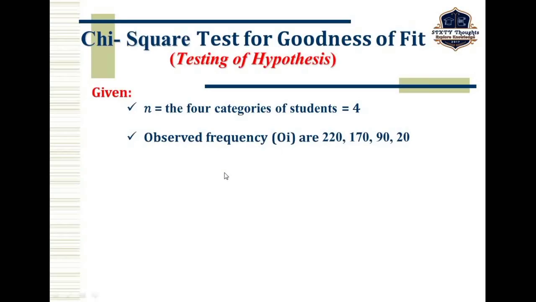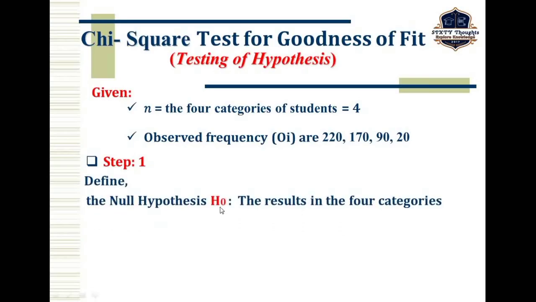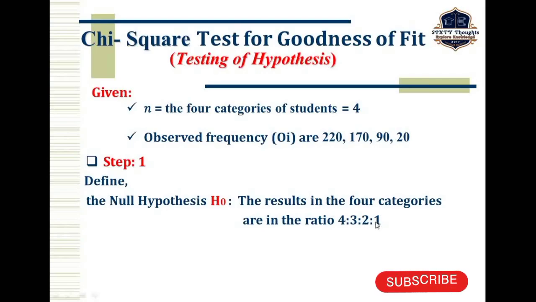Using this data, we write step number 1, which is to define the null hypothesis, denoted by H naught: the results in the four categories are in the ratio of 4 is to 3 is to 2 is to 1. Here 4 is for failed students, 3 for third class, 2 for second class, and 1 for first class.